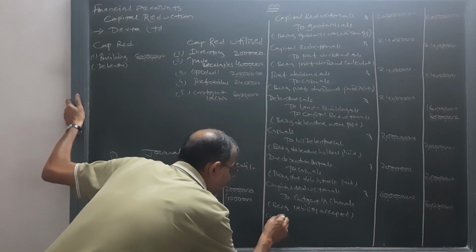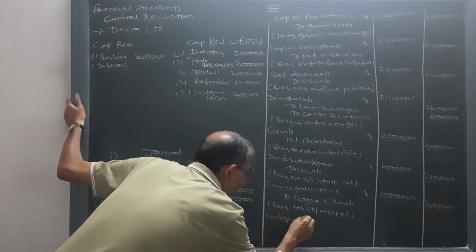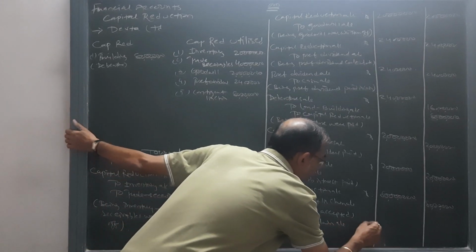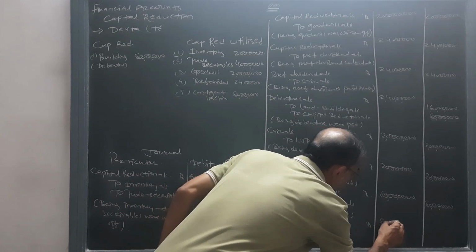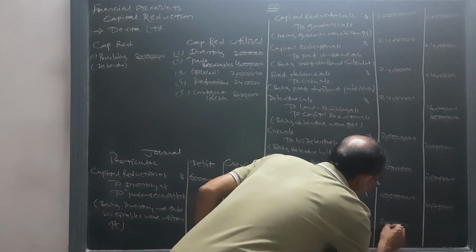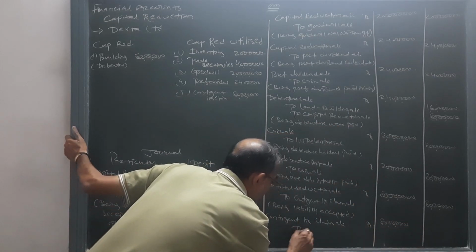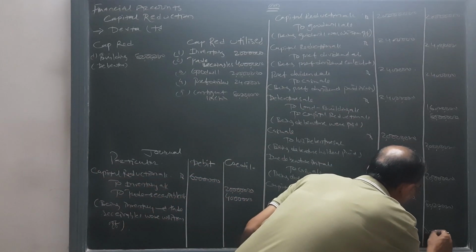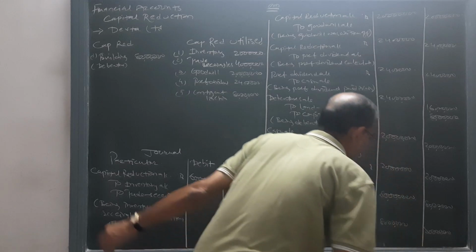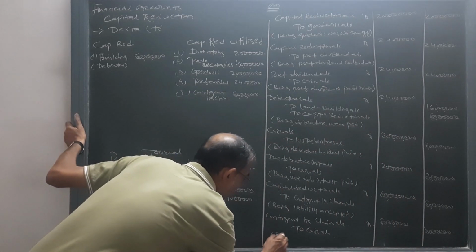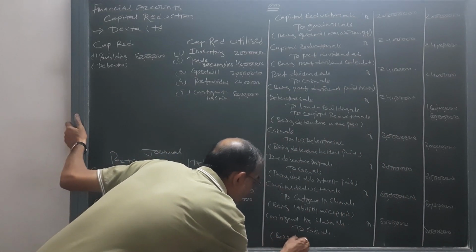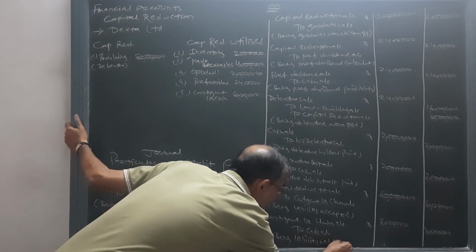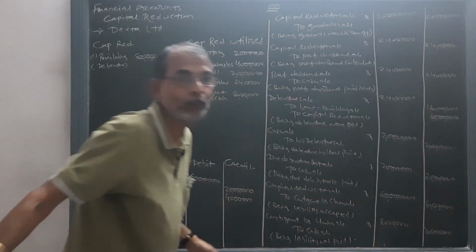Then contingent liability claim account debit 80 lakh to cash account, being liability was paid.